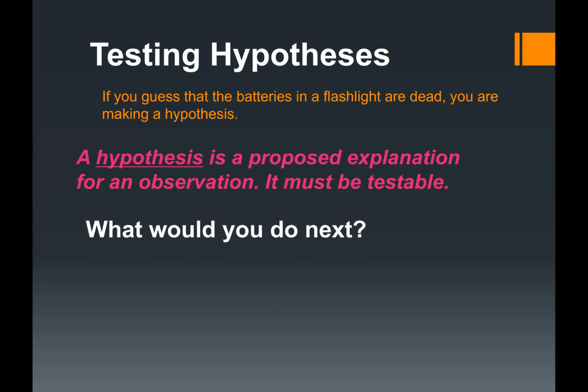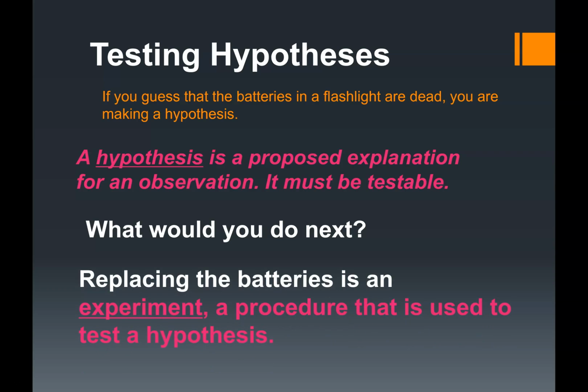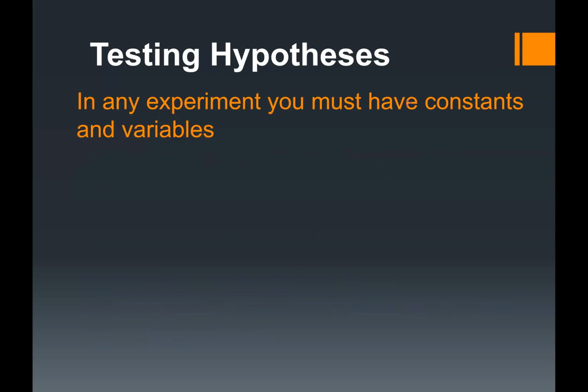So what would you do next? If your hypothesis is that the batteries are dead, replacing the batteries is technically an experiment that you can do to test your hypothesis. An experiment is a procedure that's used to test the hypothesis.